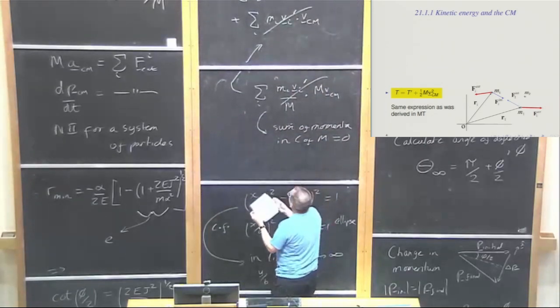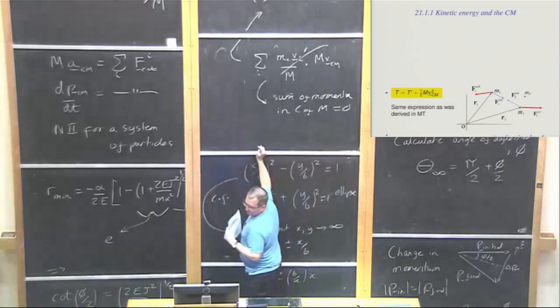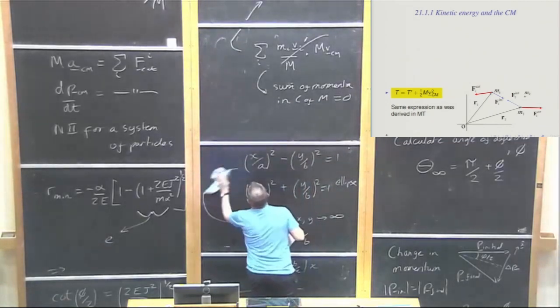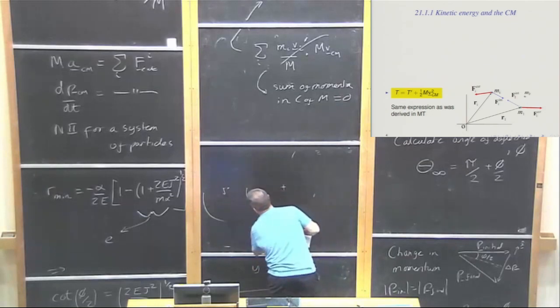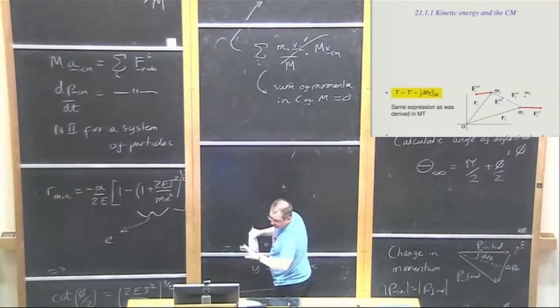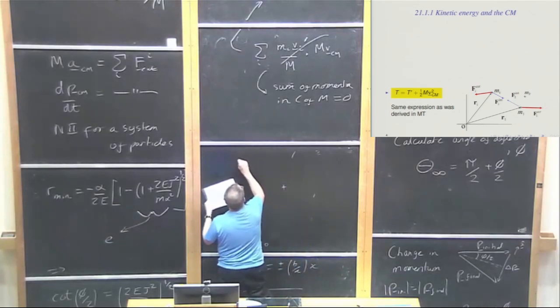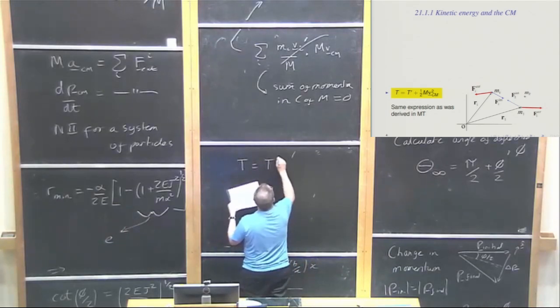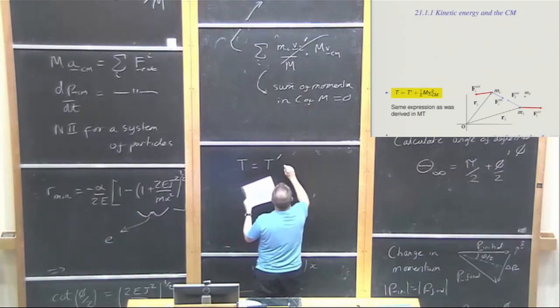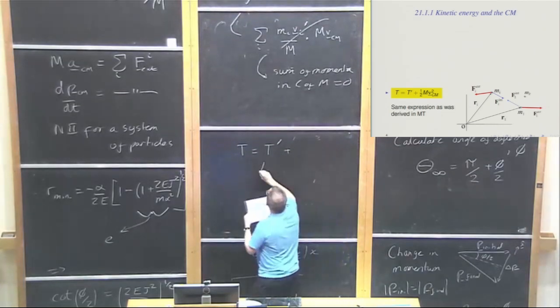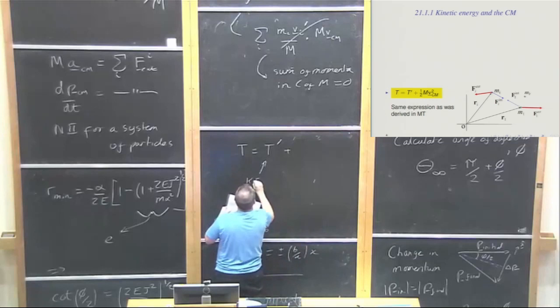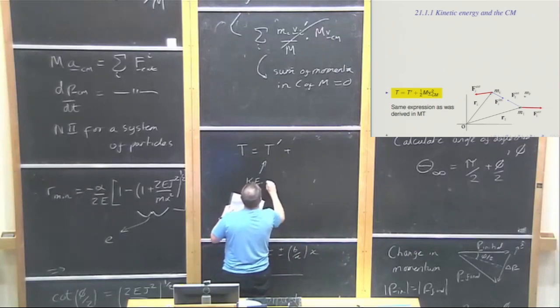And we're left with the result that, so we forget about the cross product. We see what we have left, and what we have left is that T is equal to T prime plus, so T prime, this is the kinetic energy in the centre of mass.